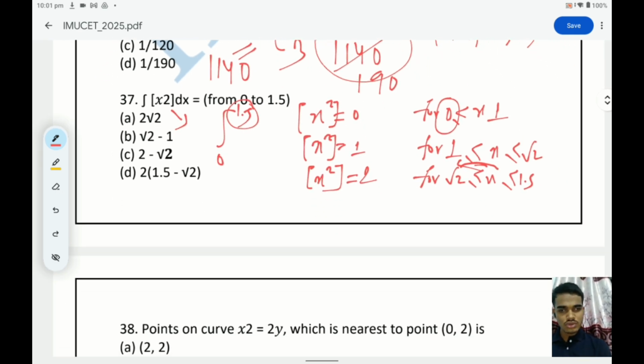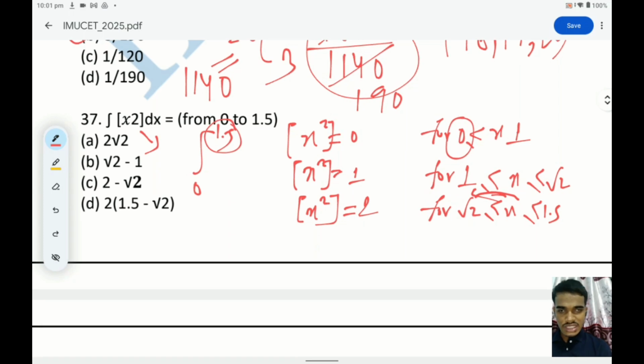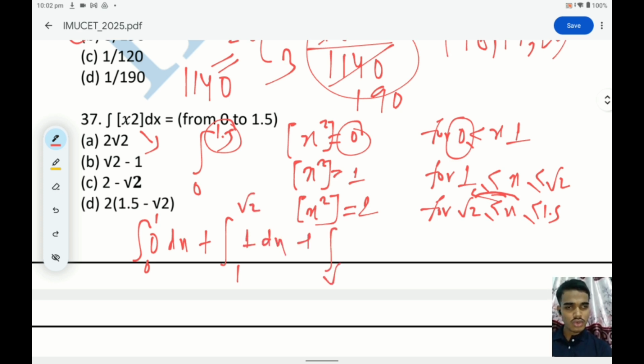Now we can solve it using 3 different integrals: from 0 to 1, our value is 0, so 0 dx, plus from 1 to root 2, 1 dx, plus from root 2 to 1.5, 2 dx.